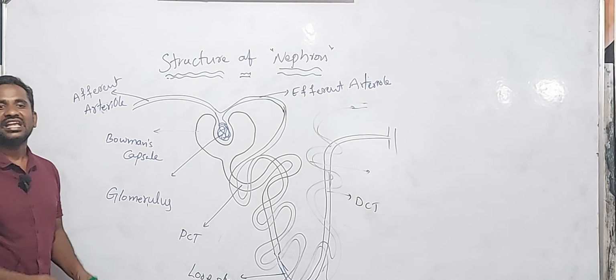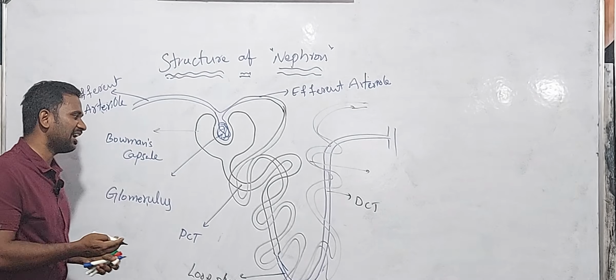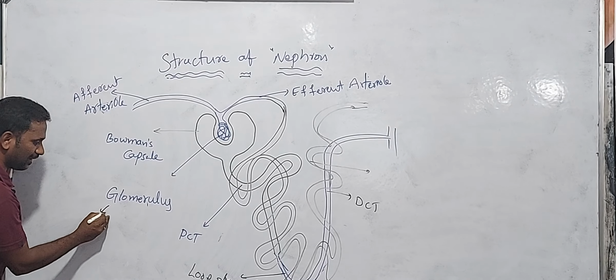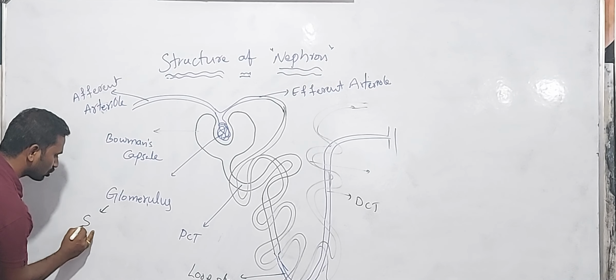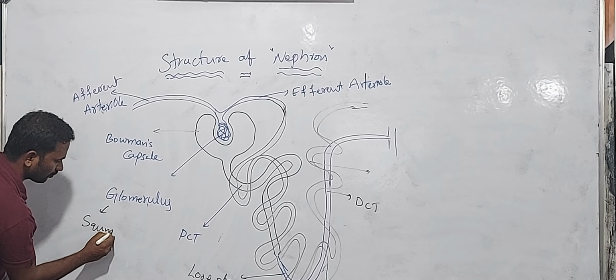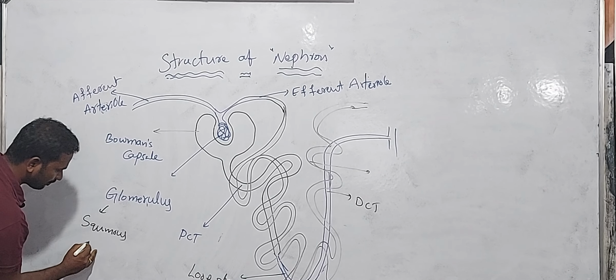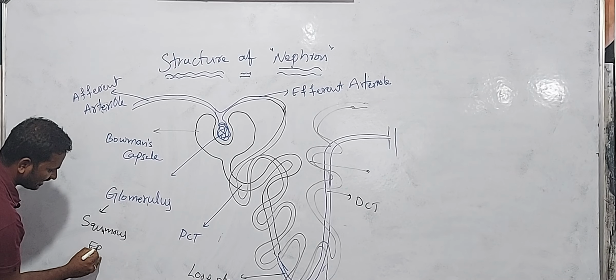These blood capillaries of the glomerulus are made up with a lining of epithelial cells, squamous epithelial cells.